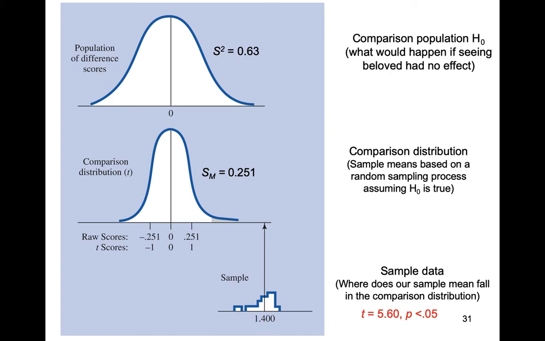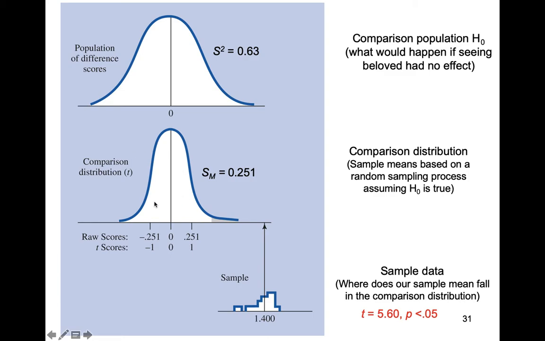Okay. Here's the diagram. This comes from the chapter, but I wanted to put it right here. Again, just to see what all the diagrams mean. We've got a comparison population under the null hypothesis. This is what would be likely to happen if seeing a picture of one's beloved had no effect. Okay, so imagining what would happen if there's no effect.